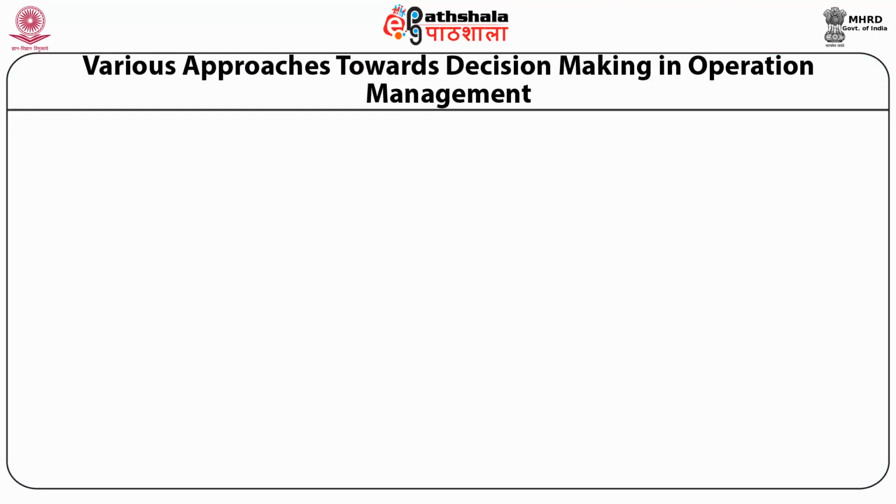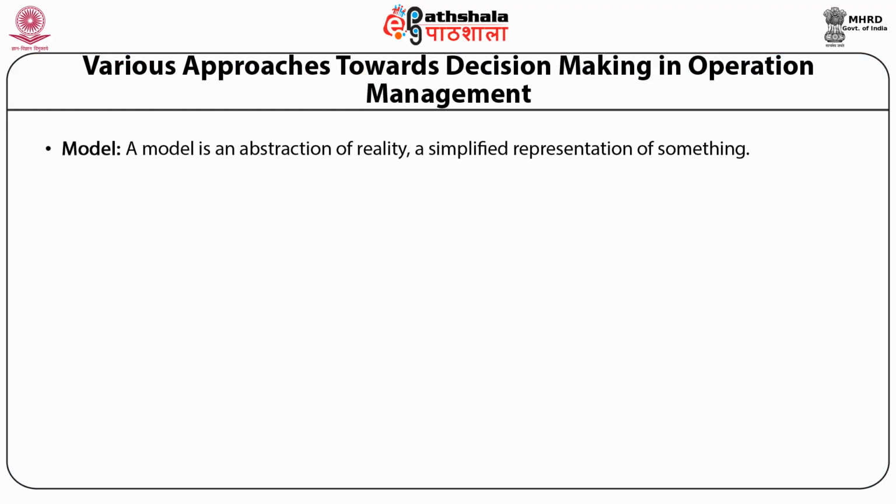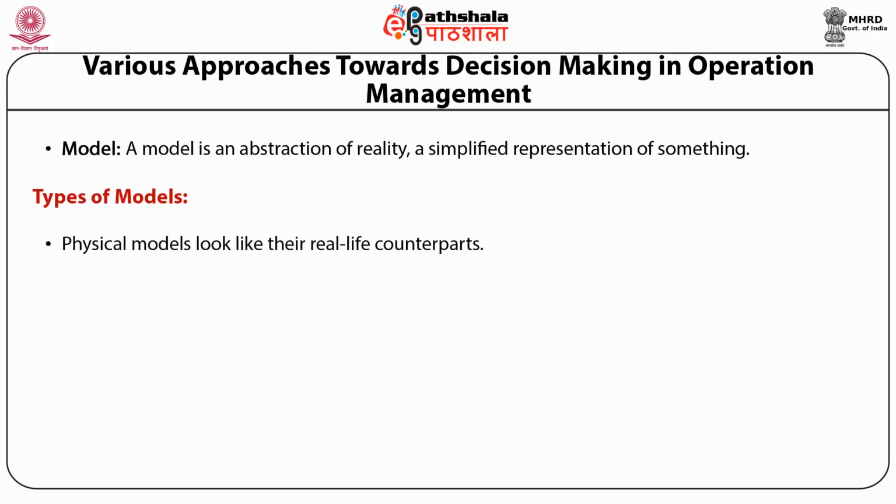The first approach could be the model. A model is an abstraction of reality, a simplified representation of something. For example, a child's toy car is a model of a real automobile. Types of models could be physical models, which look like their real-life counterparts, examples including miniature cars, trucks, airplanes, toy animals and trains, and scale model buildings.